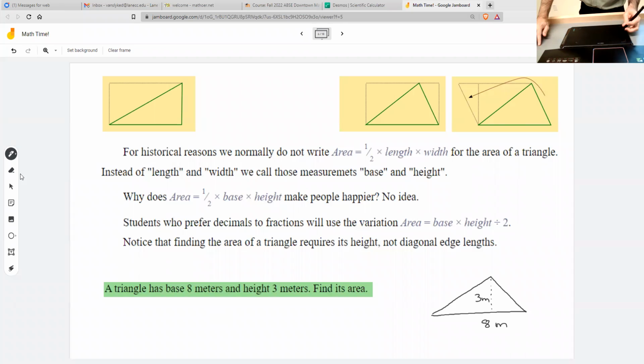But if you like the shape understanding, then you can say, well, there's actually a whole rectangle here. And the rectangle was 8 on the bottom and 3 on the side. So 8 times 3 is 24, but half of that is the triangle, so 12.